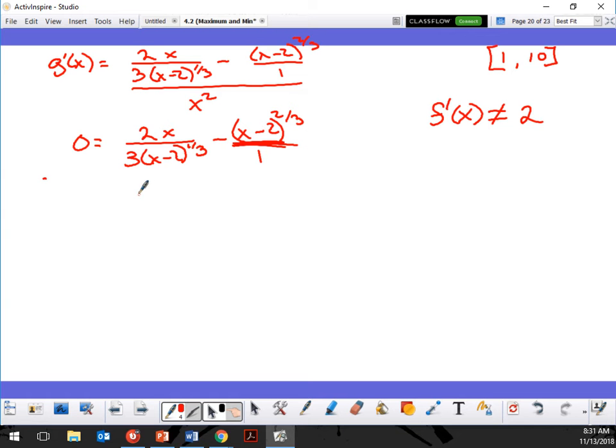So it's going to be 2x minus, multiplying this one times up here, 3 quantity (x minus 2) to the 3/3, which is just 1, so my fractional exponent goes away. All this is going to be over 3 (x minus 2) to the 1/3 equals 0.